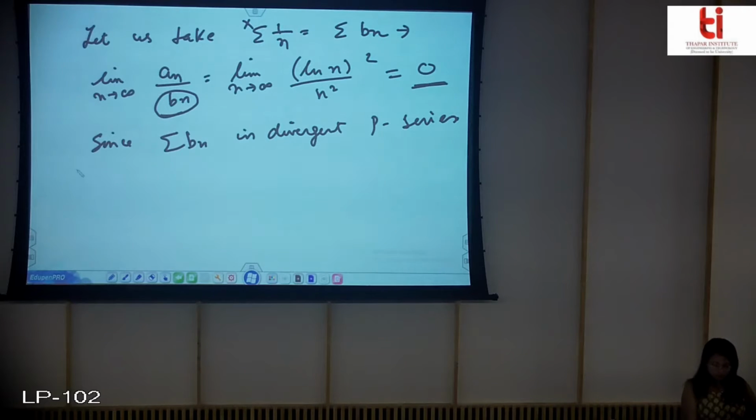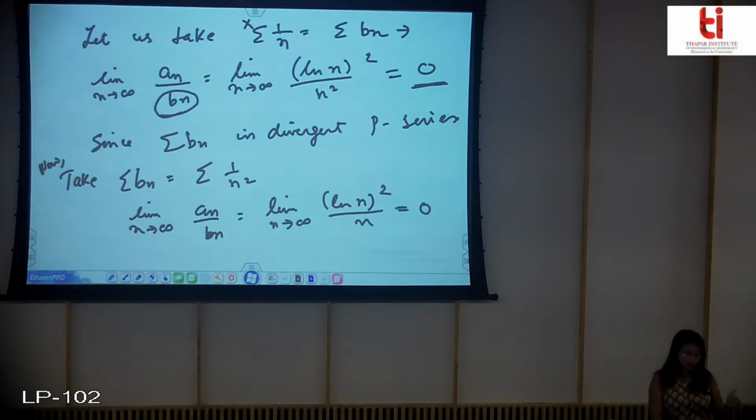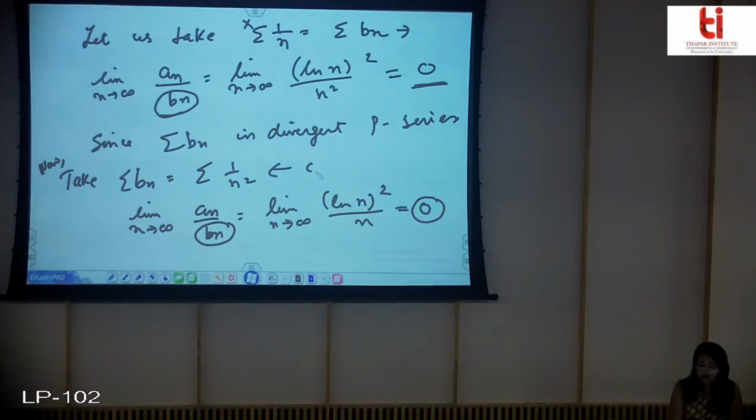Now take Bn as this. So the limit as n tending to infinity of an by bn will be equal to 0. Now you can see that you get a valid result for this case, as you are getting the limit as 0 and Bn is convergent.